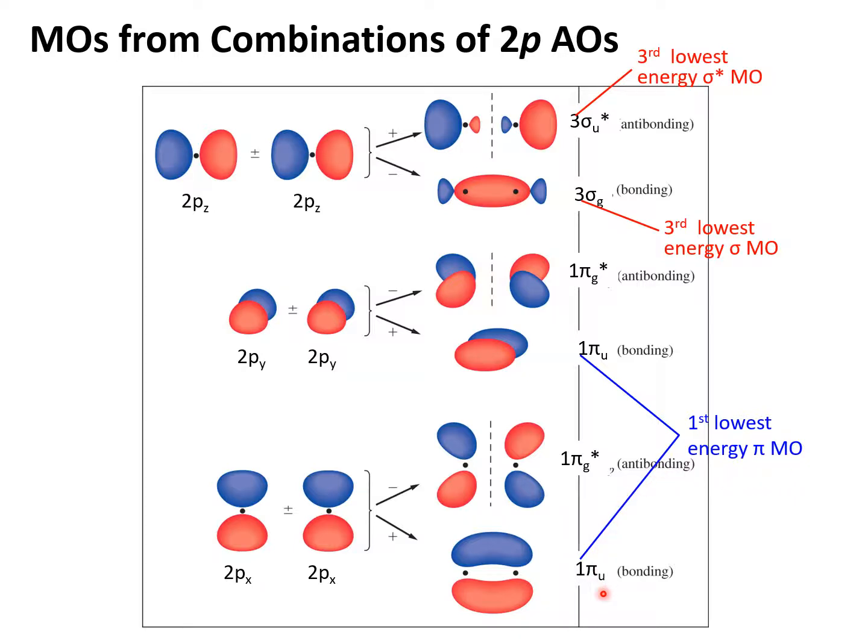And it's given the parity symbol u because as we move from plus x plus y plus z to minus x minus y minus z, we notice that the phase changes from blue to red. And therefore, it's given the parity ungerade, or u. In the case of the antibonding MOs, it's given the parity symbol g, or gerade, because as we move from plus x plus y plus z to minus x minus y minus z, the phase stays the same.